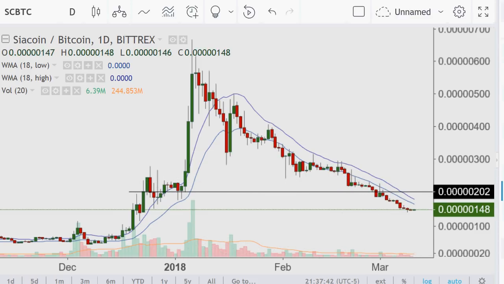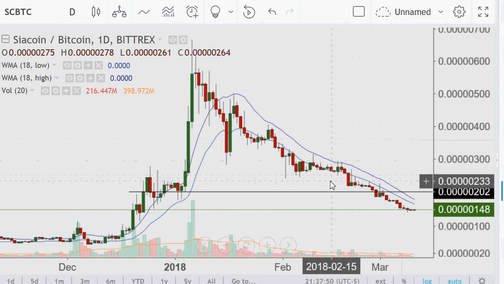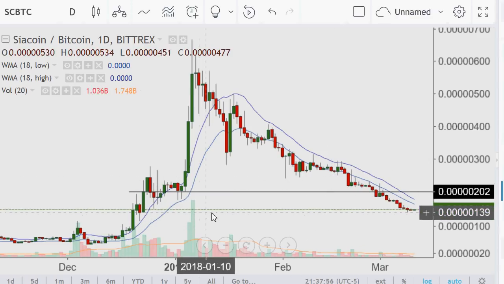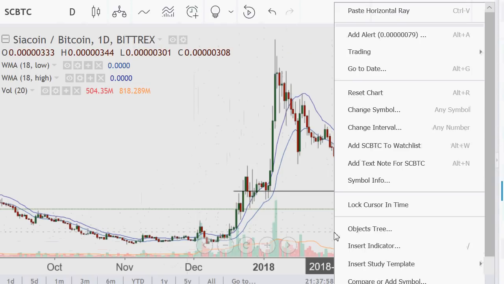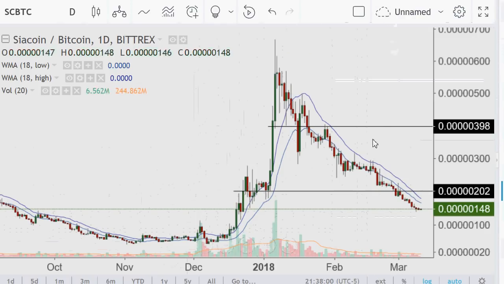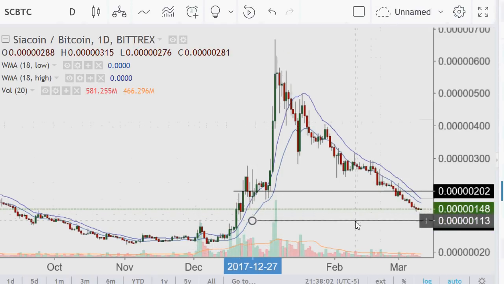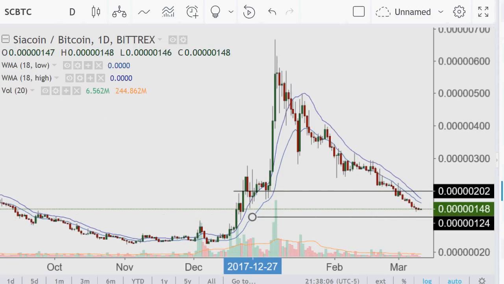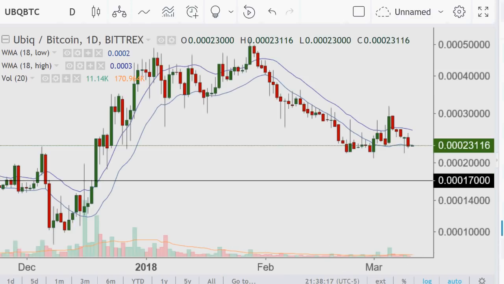I just recalculated and got key numbers in at 236 and 124. So it's 24 points higher than the 124 mark. I'll be curious, though, to see if it comes down there, what will happen within price action. This, again, is Sia coin, SC. UBQ, UBIC.